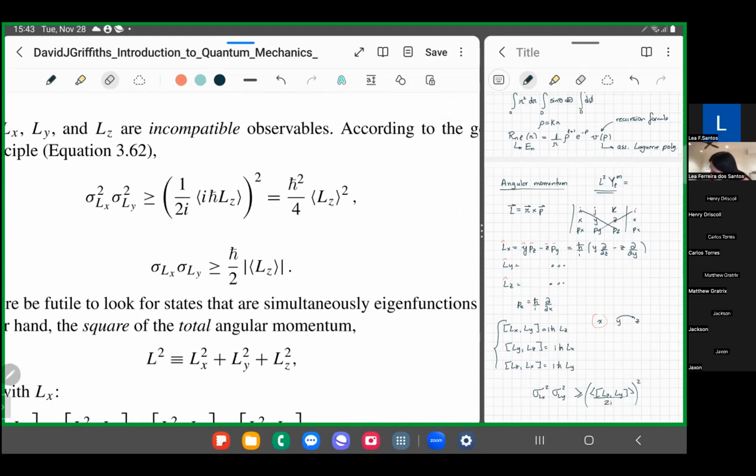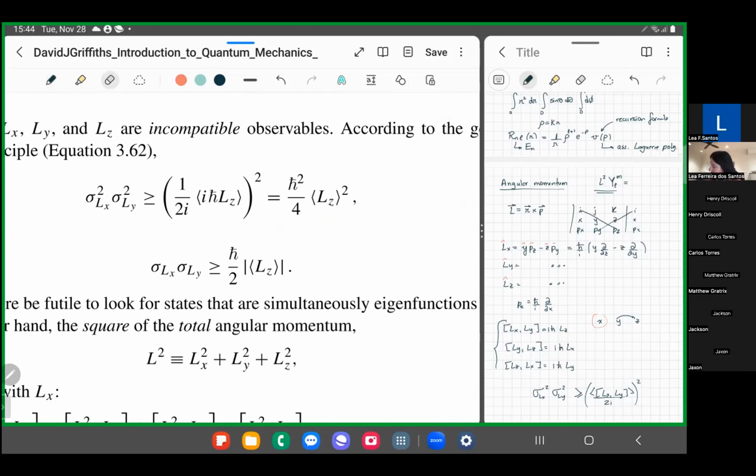You see that this is the commutator between Lx and Ly. We solve this commutator: it is I, H bar, Lz. And so this is the relationship. It has to be larger than this value. Very good.